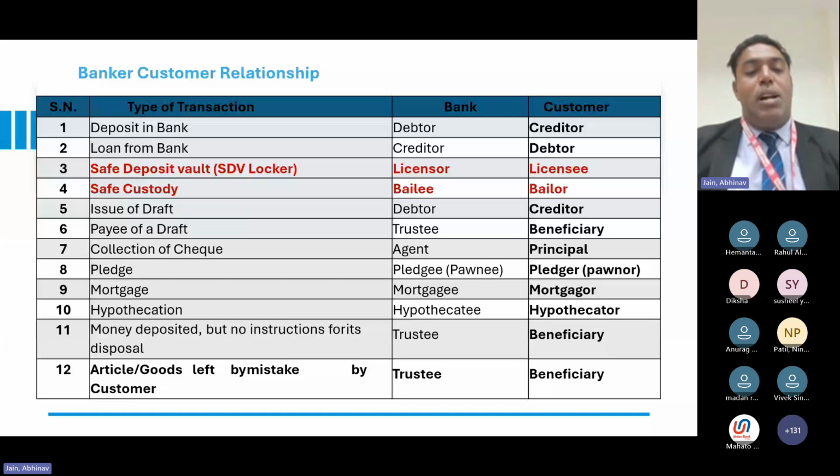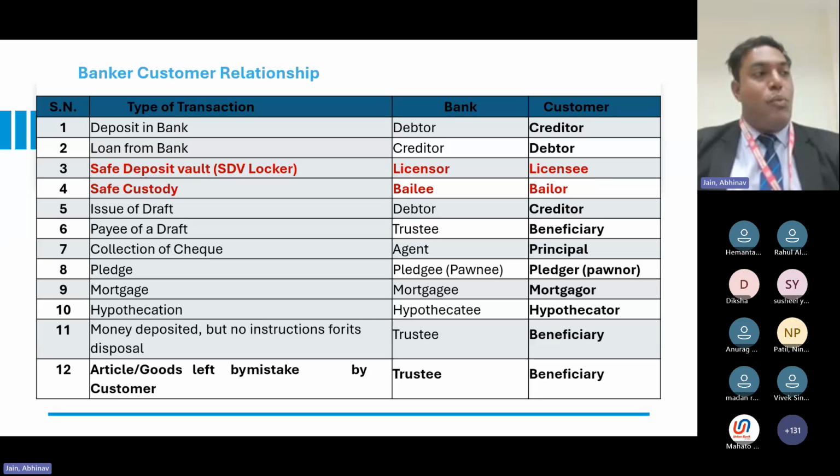If a customer deposits some money in the bank without instruction for disposal, let's say he forgot to write the name of the customer in whose account it has to be deposited, and he deposits it at the cash counter, in that case, the bank is trustee and the customer is beneficiary. Here, the bank would not be debtor and the customer would not be creditor.